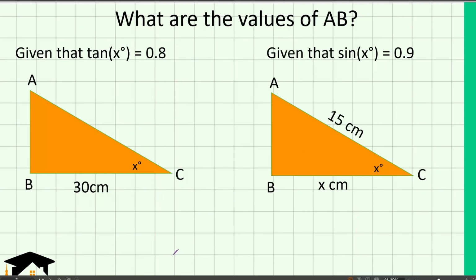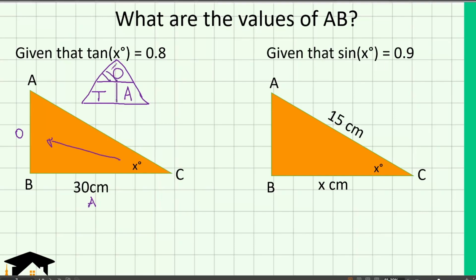I will now give you the solution to these two problems. We again don't know what the angle is, but we know that the tangent of this angle is 0.8. For this triangle, this side is the opposite and 30 centimeters is the adjacent. We have to calculate AB, so we have to calculate the opposite. And if we remember, tangent relates the opposite with the adjacent.